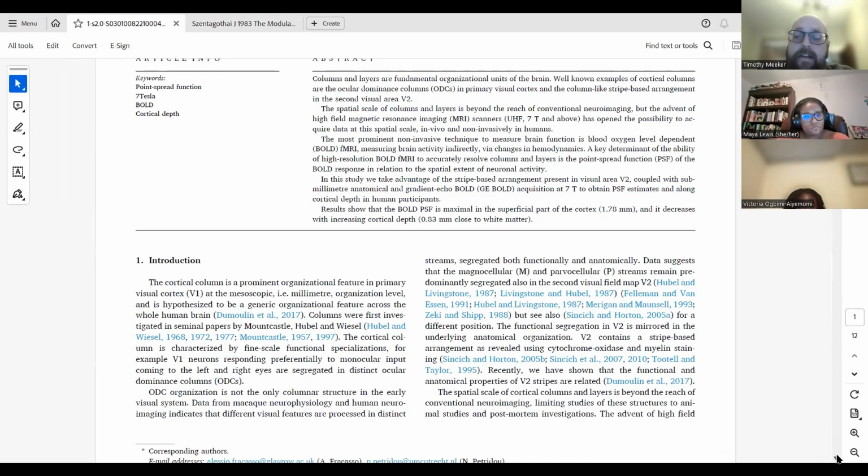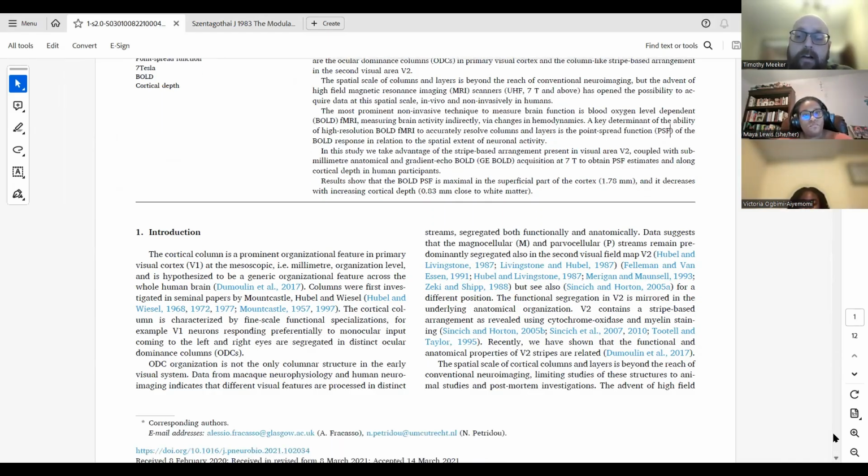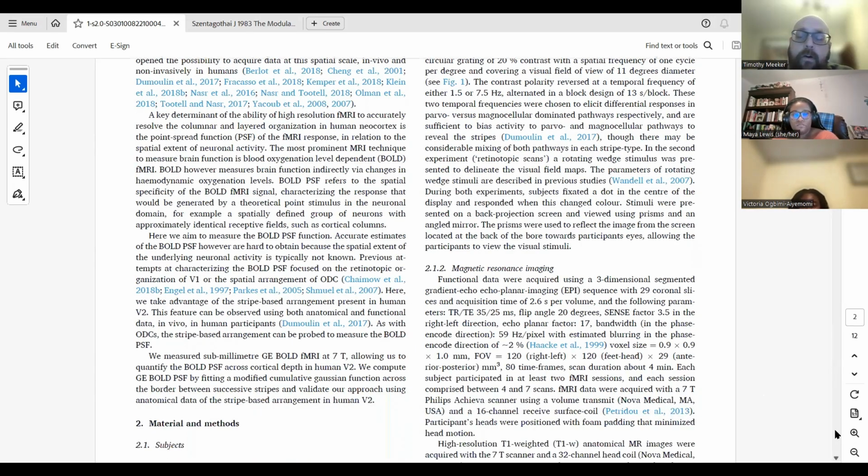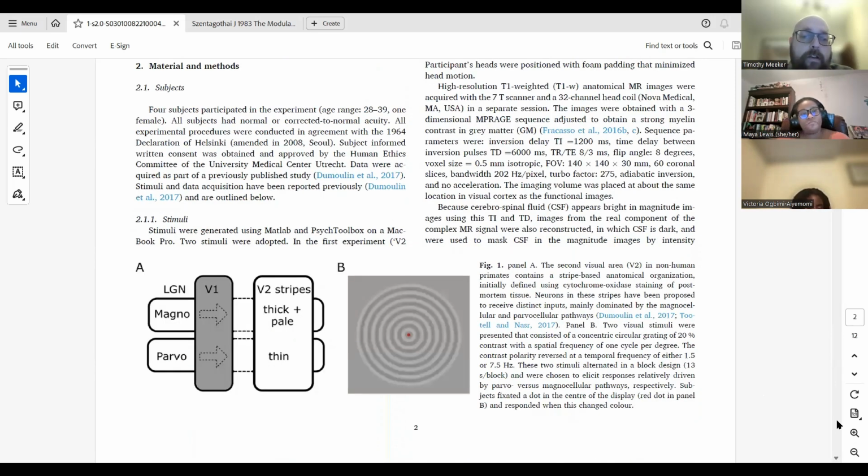At 7 Tesla, you start to be able to see. So they're looking here in this study in V2, which is the secondary visual cortex. And there are stripes that are basically related to each other and tuned for certain features like edges and things like that. So let me get to some figures that make sense.